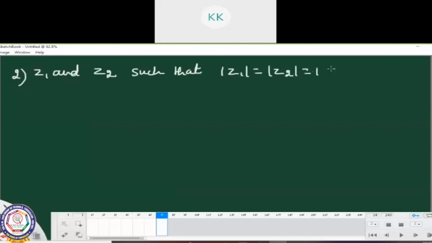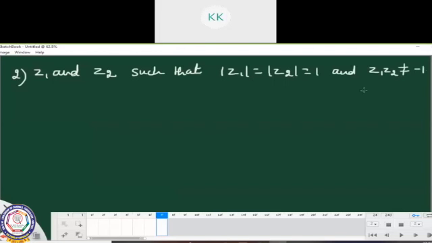What is the second sum? For any complex numbers Z1 and Z2, the values are given such that modulus of Z1 equal to modulus of Z2 equal to 1, and Z1 into Z2 not equal to minus 1.